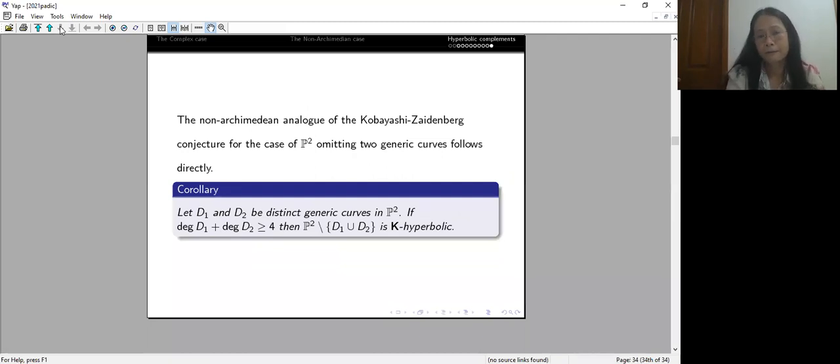And finally, for D1 and D2 generic curves in P2, if the sum of degrees is bigger than or equal to 4, then we can also get that the complement is hyperbolic. This is the end of my talk, and thank you for listening.